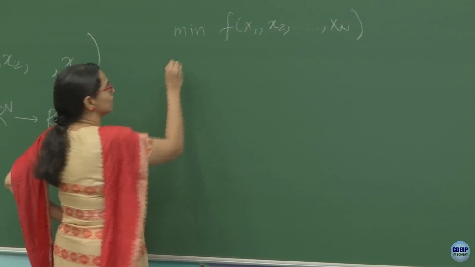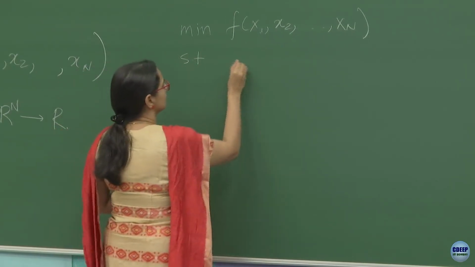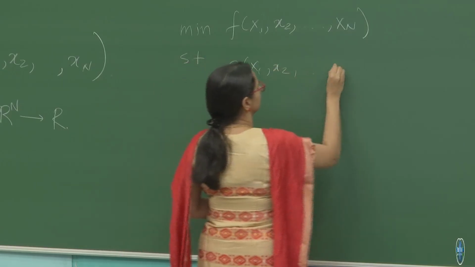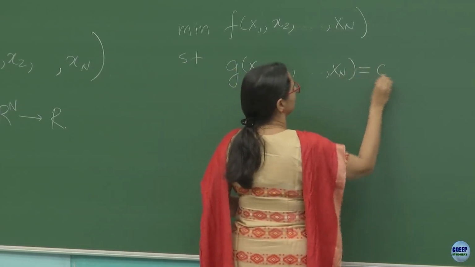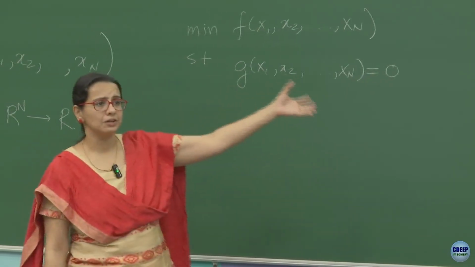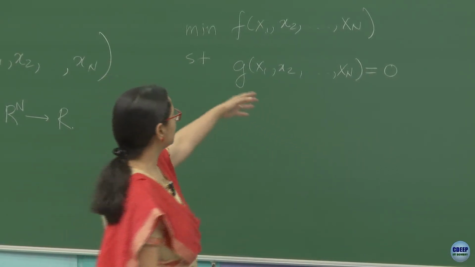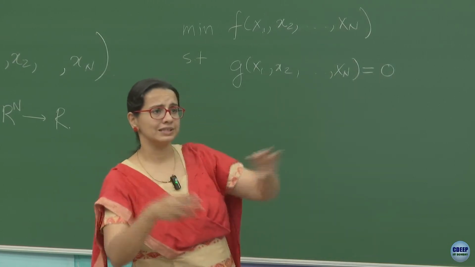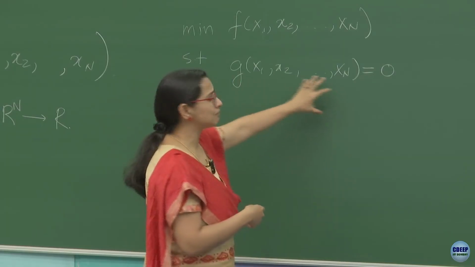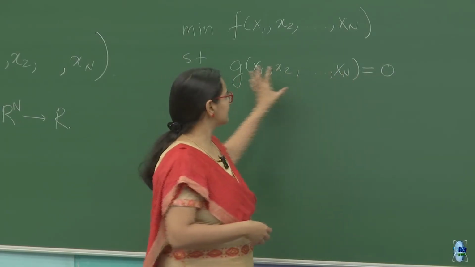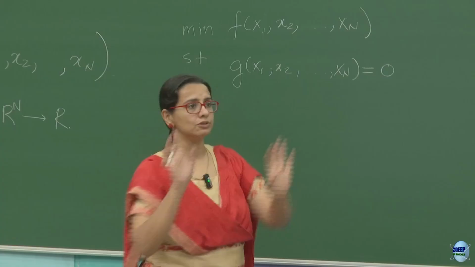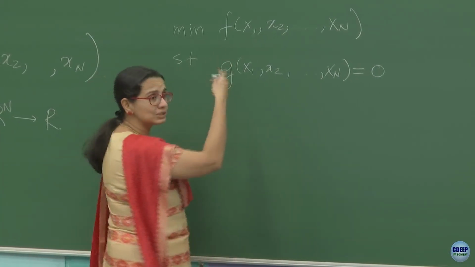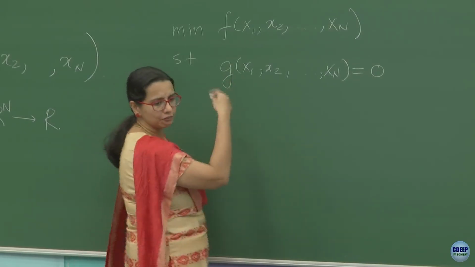Okay. I may have certain constraints. This is what we call an equality constraint. Okay, I have a set of constraints. I take x1, x2, x3 and I have a function g which maps this x1, x2, x3 and which we want equal to 0. Okay? And then, there may not be just one such g, I could in fact have multiple such g's.